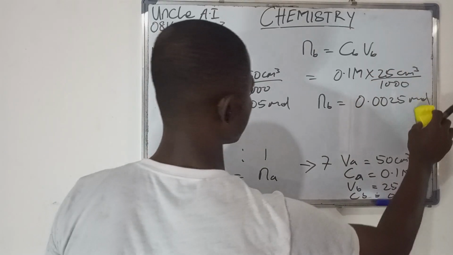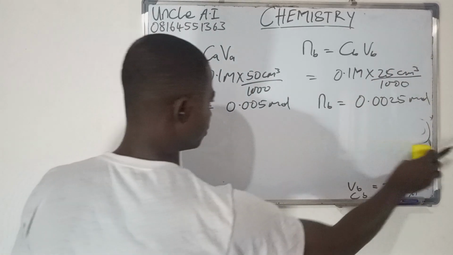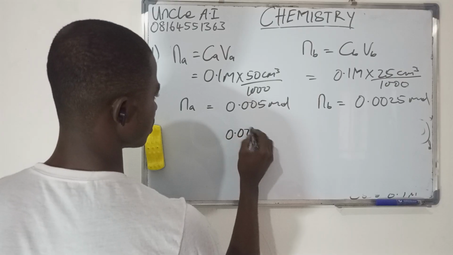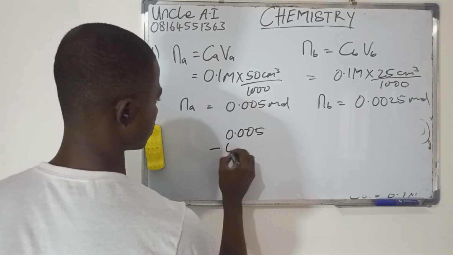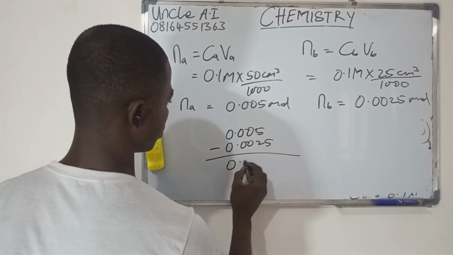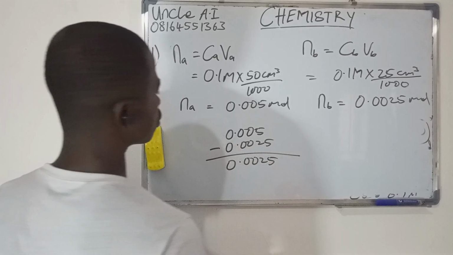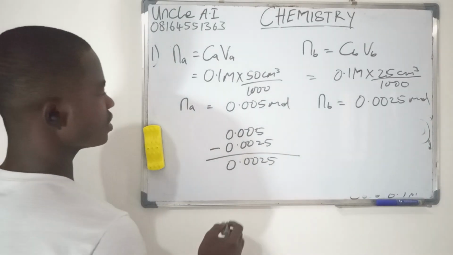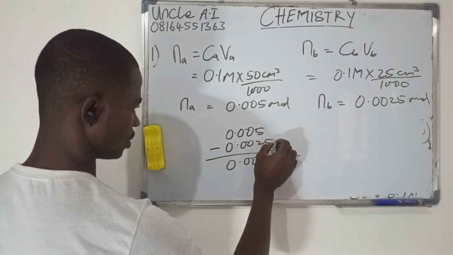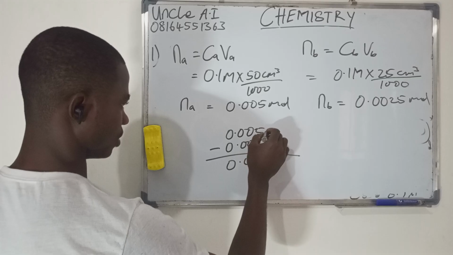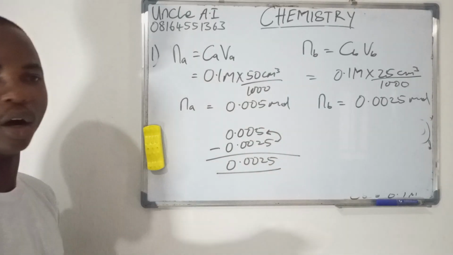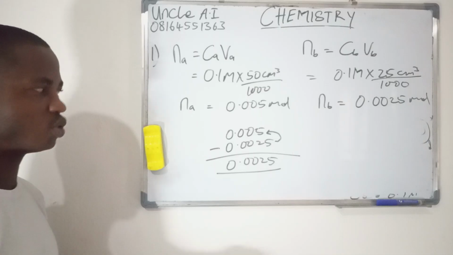We have 0.005 minus 0.0025. We have 0.0025. So that simply means when this base neutralizes the same amount from the acid, this is the leftover of acid in that solution.